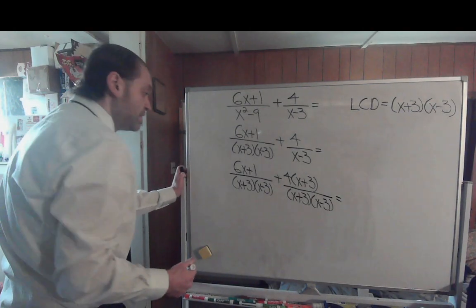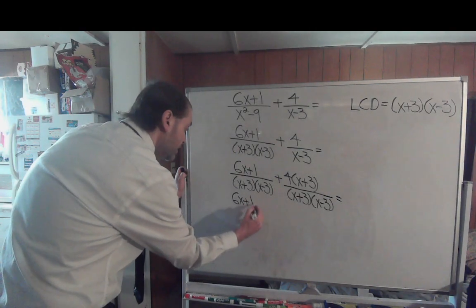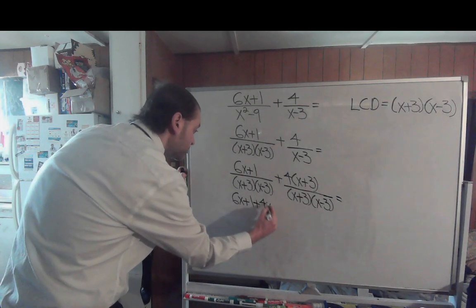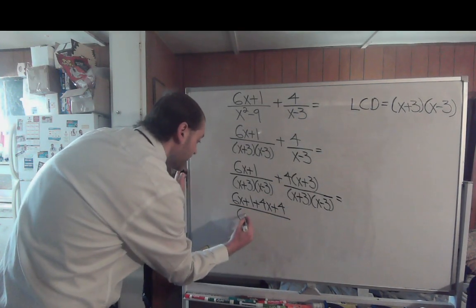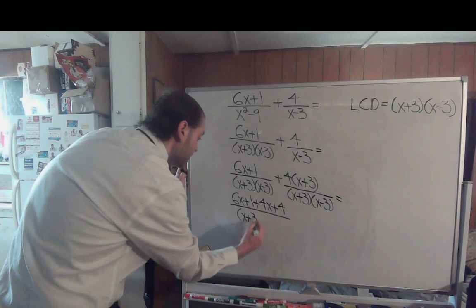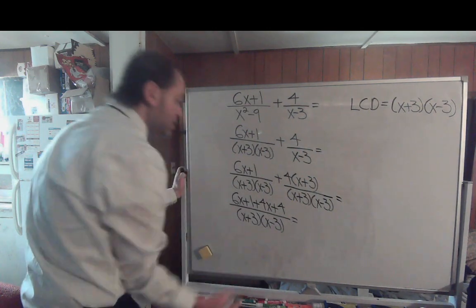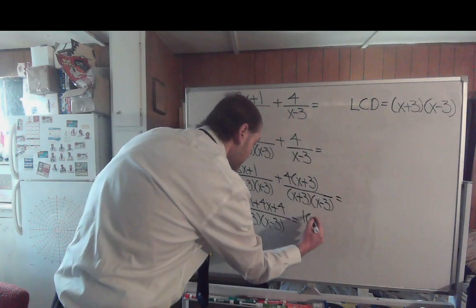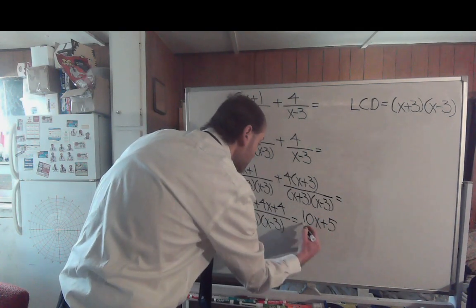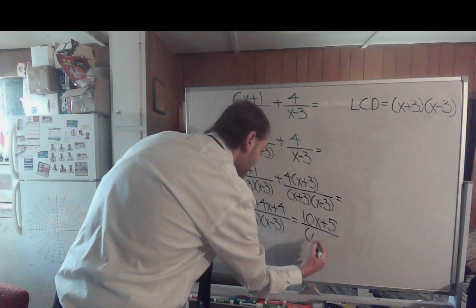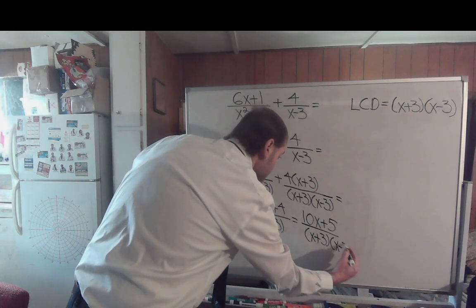So this would end up being 6x plus 1 plus 4x plus 4 all over x plus 3 times x minus 3, which would give you 10x plus 5 all over x plus 3 times x minus 3.